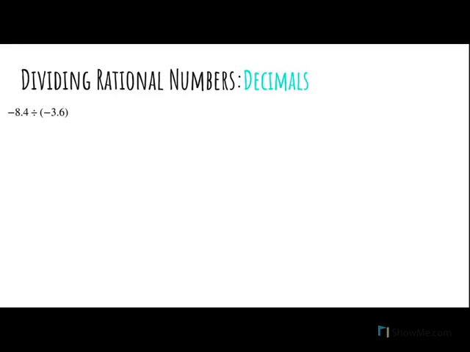All right. Now, what if we have decimals? Could we convert them to fractions, or take those mixed numbers and make them improper fractions? Yes, we could. But let's look at our actual process for dividing decimals here. So right now I have a negative divided by a negative, which I know my answer is going to be positive. Okay, so if I know that, I can kind of ignore my signs as I'm working. All right, so I have 8.4 divided by 3.6.